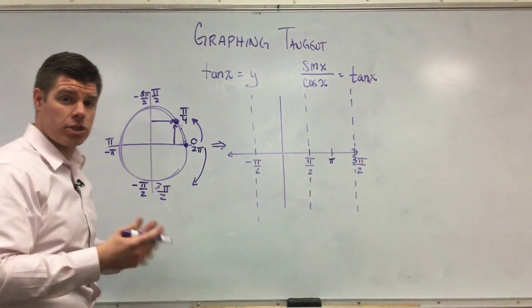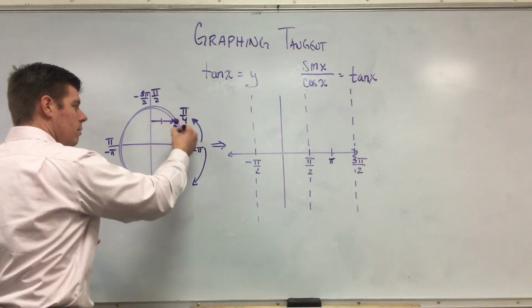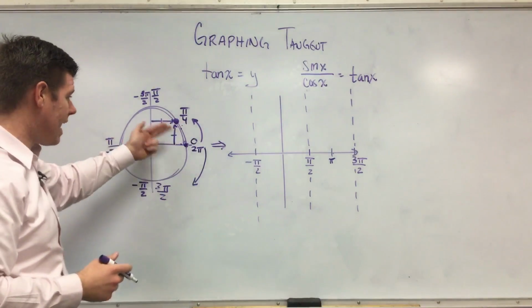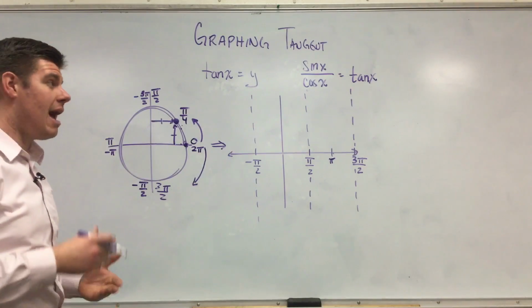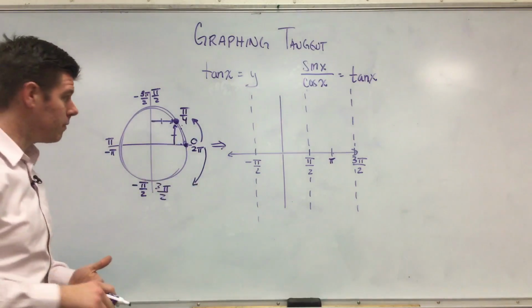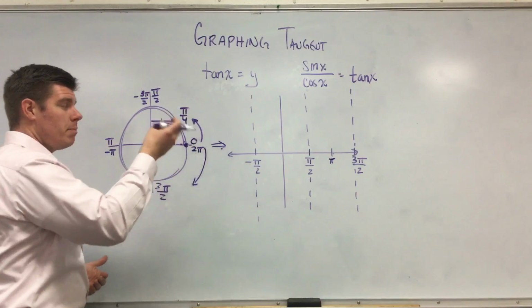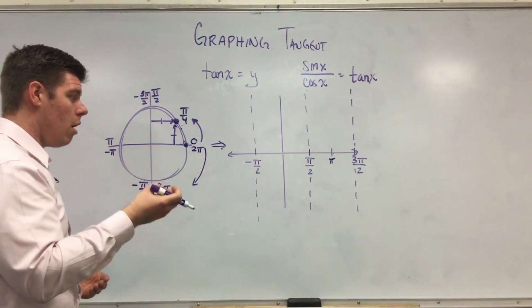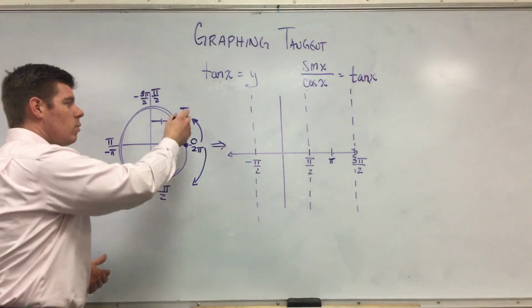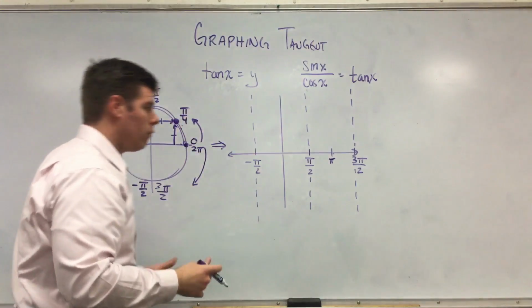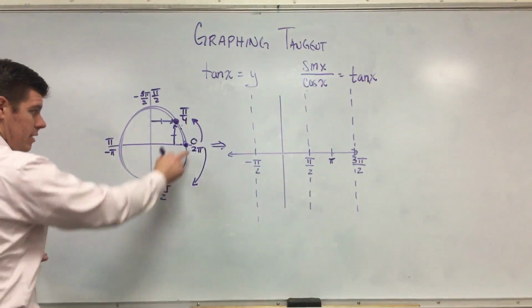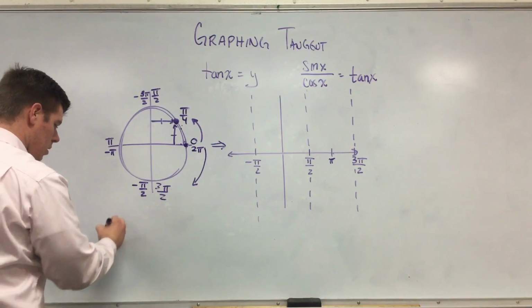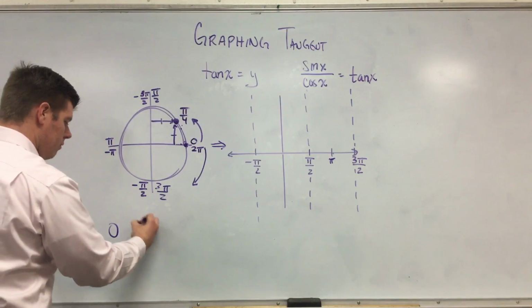Thinking about this geometrically, these two things are congruent. They are the same exact length. If here to here is the same exact length, that means they have a relationship of 1 to 1. So pi over 4 is an important relationship for us to know simply because that's when we get the whole numbers. So if we think about the critical values for tangent, one of them to note is always our starting point, which is 0. We also have this pi over 4.